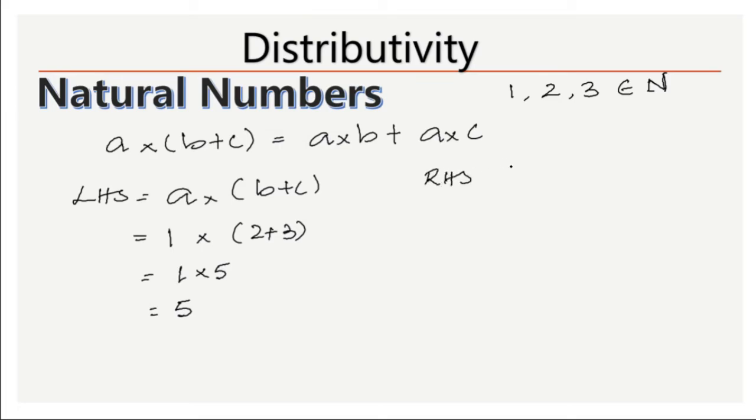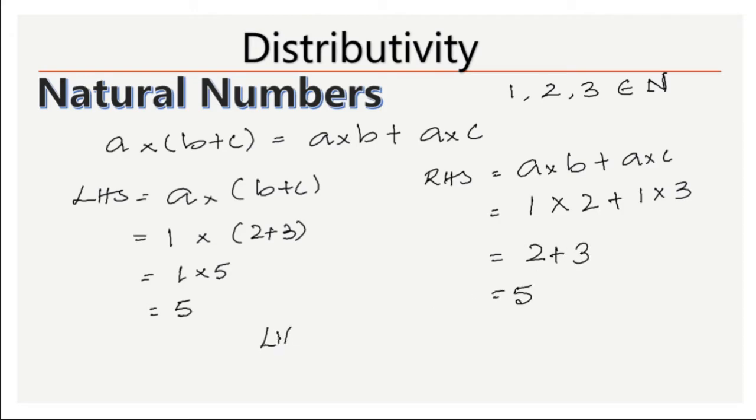Let's take the right hand side, A into B plus A into C. Here we have 1 multiplied to 2 plus 1 multiplied to 3, which is 2 added to 3, the sum is 5. Hence the left hand side equal to the right hand side. The left hand distributive property of multiplication over addition is done.